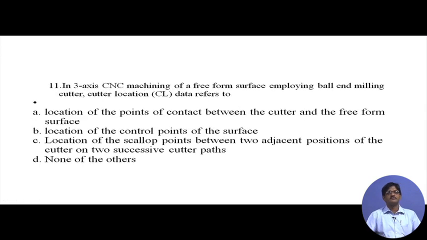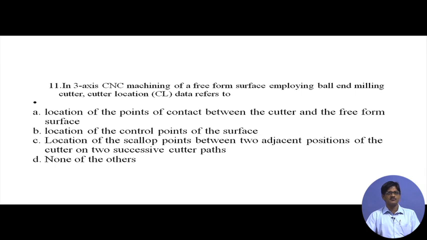In a 3-axis machining of a free-form surface employing a ball-ended milling cutter, cutter location data refers to location of the points of contact between cutter and the free-form surface. No, this is CC point. So, A is not correct. B, location of the control points on the surface.